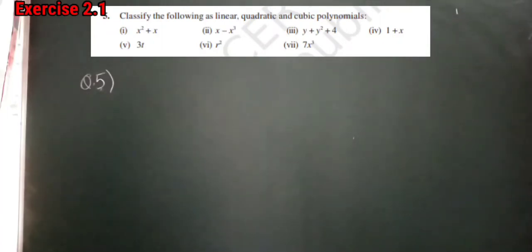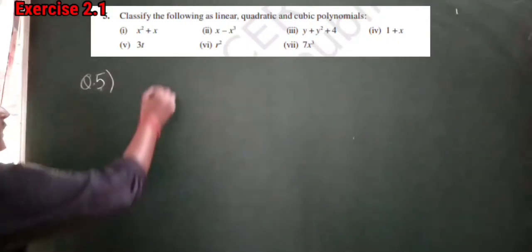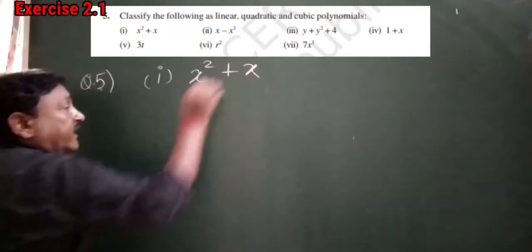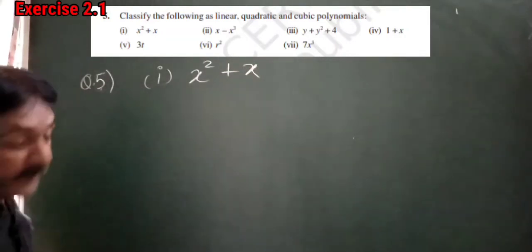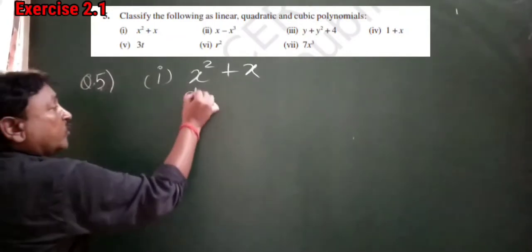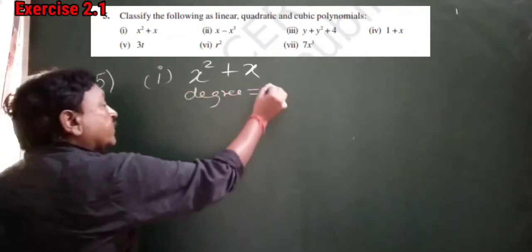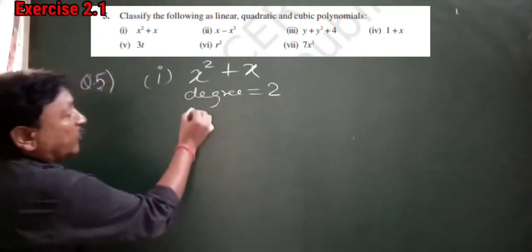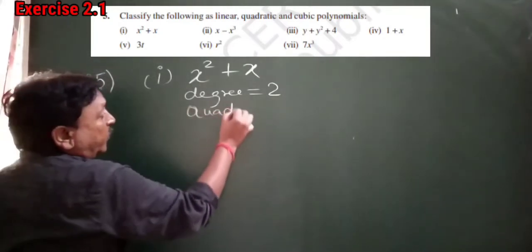So for solving this question, first of all you have to see what the degree is. Just see part 1, it is written x squared plus x. The highest power is 2, so its degree is 2, and 2 means it is a quadratic polynomial.